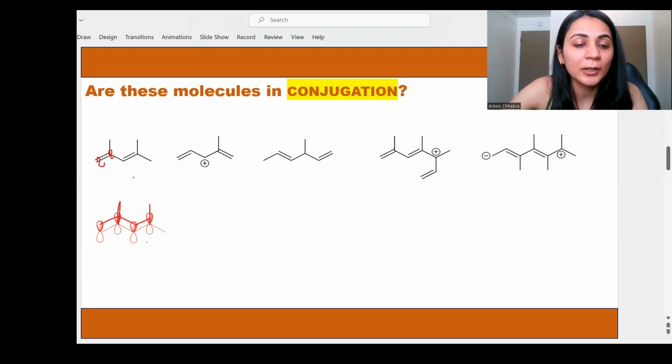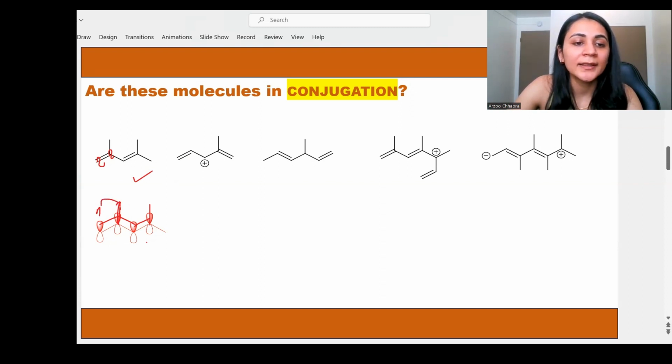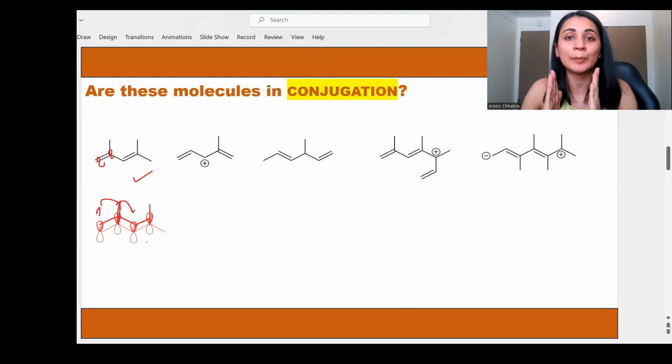So now we call this molecule a conjugated molecule, and actually the implication of these conjugated molecules is that the resonance structures are present because of the presence of the conjugation. And the reason for that is that these electrons we see, there's one electron here, they're forming the bond. They can just hop around to the next orbital because you see another orbital lined up, and that's also perpendicular.